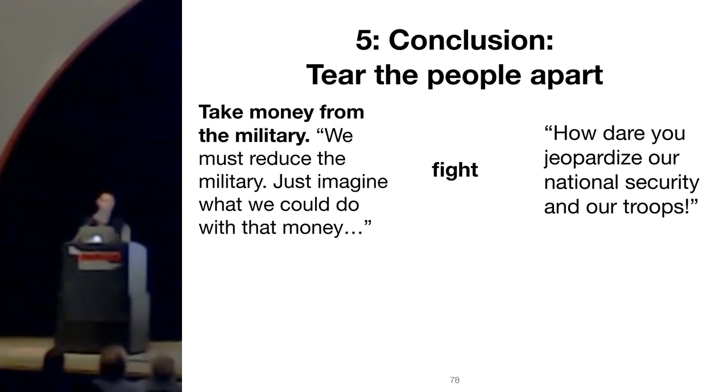We must reduce the military. Just imagine what we could use that money for. And that triggers another population of people to say, how dare you jeopardize our national security, and how dare you jeopardize our troops? And none of this makes economic sense, because we don't need to take money from the powerful. We don't need to raise taxes necessarily for these big programs.